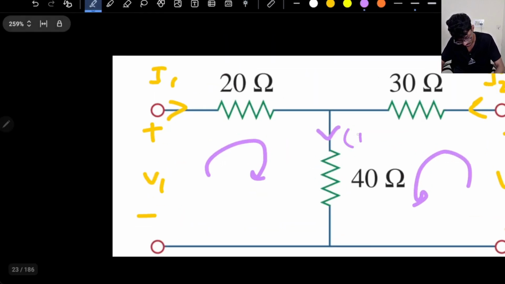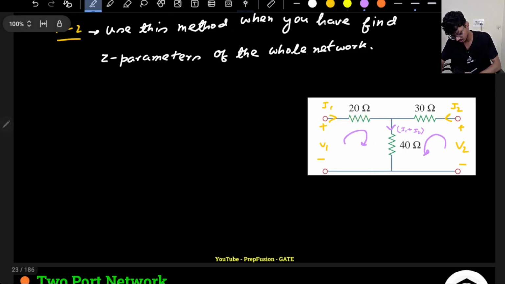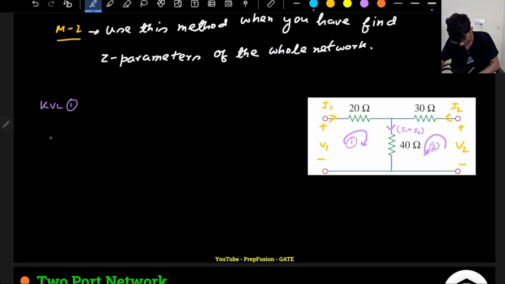If I write a KVL in loop 1, this is loop 2, it will be minus V1 plus 20 into I1 plus, what is the current through this branch, I1 plus I2, so 40 into I1 plus I2 equals 0.